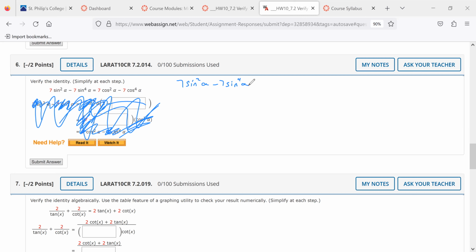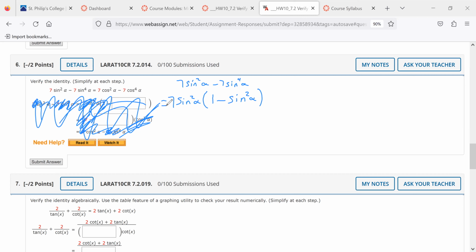And they both have what? 7 in common? And a sine squared. See what I mean? So we factor that out. Yeah. Factor it. Okay.